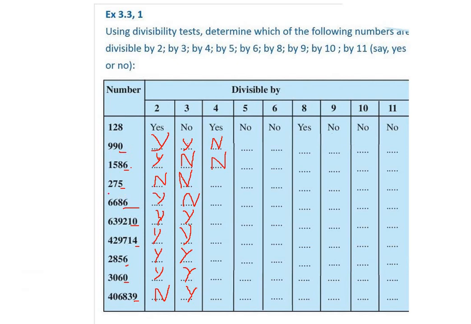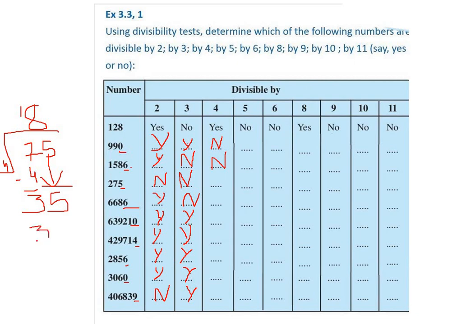That is 275. So let's see for 75. The last two digits, every time we have to check for the table of 4 or divisibility test of 4. So here comes 4 1s are 4 and the remainder is now 3 and down comes 5, that is 35. 4 8s are 32 and the remainder is 3.